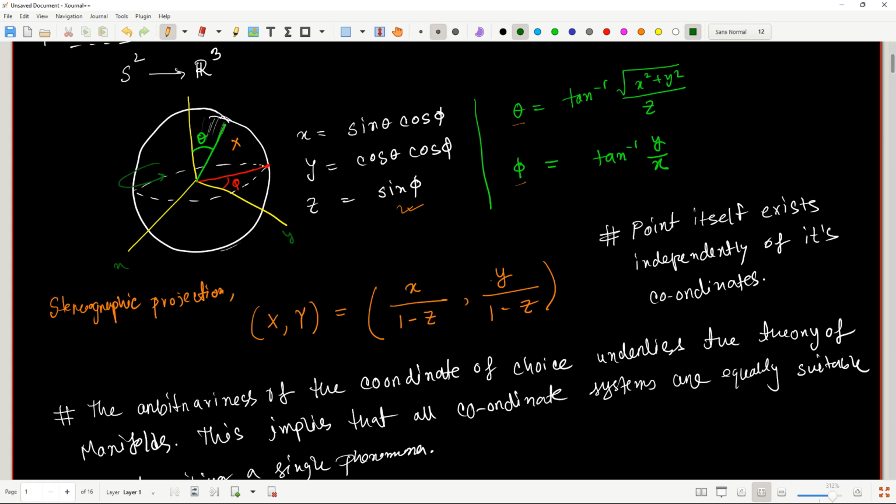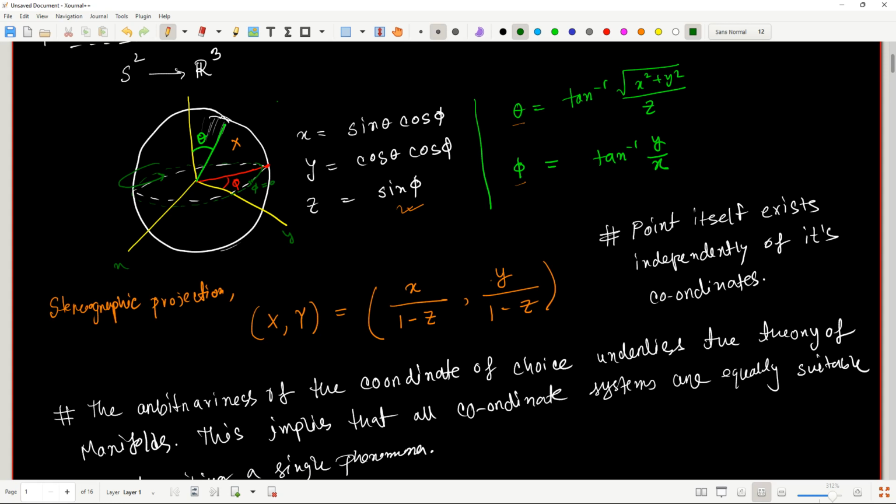If you start from here, and let's say this is phi equals 0, from here you can go around this great circle and you can come back at the same point. But when you come back at the same point, your phi value jumps from 2 pi to 0 in an instant, and that is not a smooth thing, right?